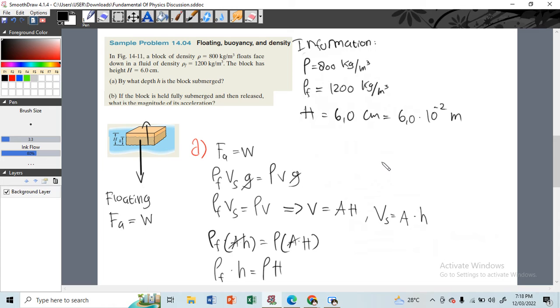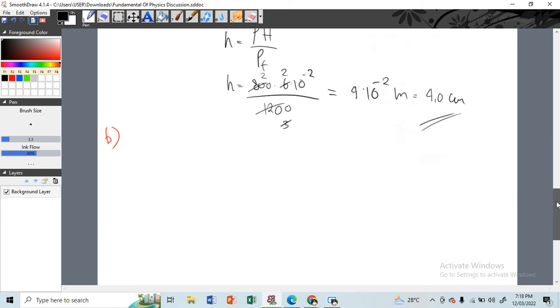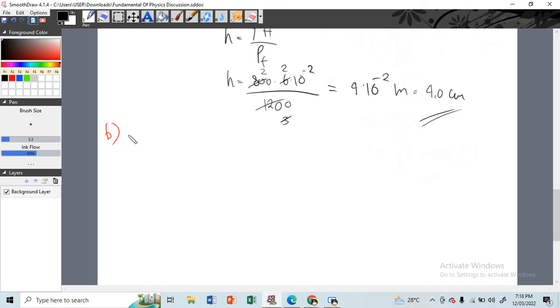If the block is held fully submerged and then released, what is the magnitude of its acceleration? Okay, the key word for this question is the block is held fully submerged. Fully submerged means that the volume that's been submerged in the fluid is equal to the big V, or the total volume.